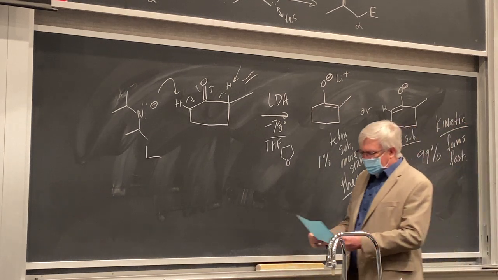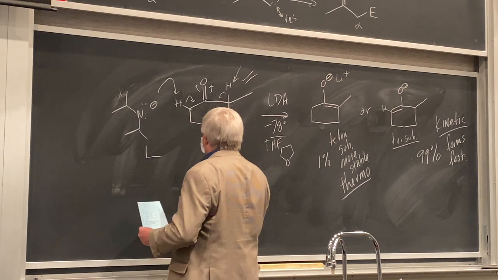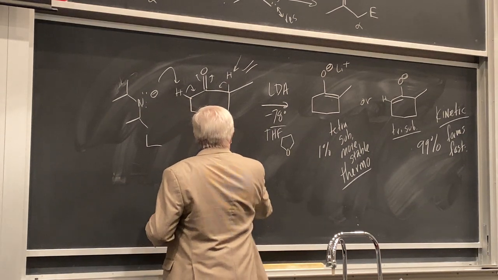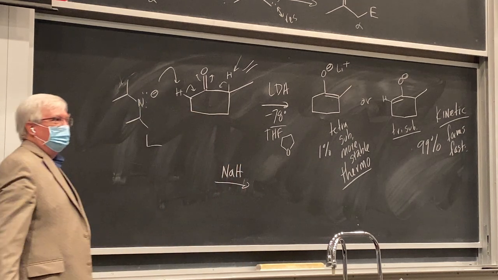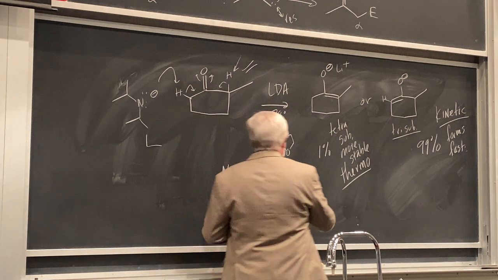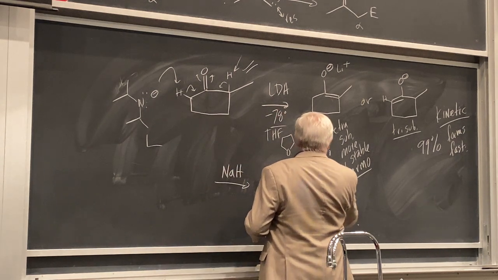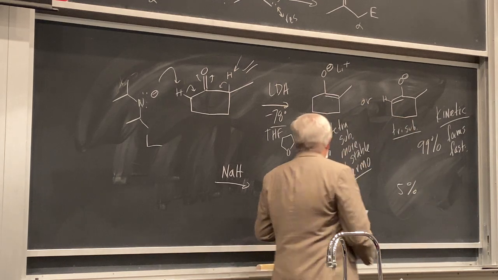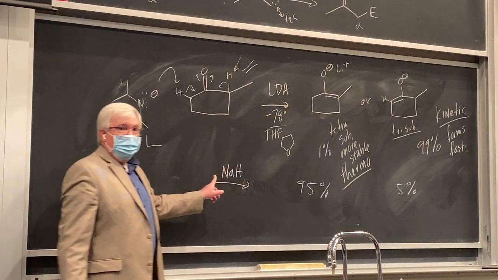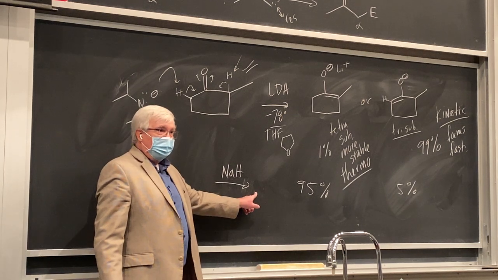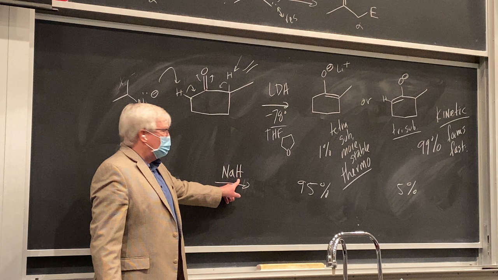Now, let's look at this enolate. Let's do the same thing here, but with sodium hydride, okay? Now, which one is going to be major? Well, it's 95% this one, and only 5% that one. Again, this is an irreversible base, okay? This completely forms the enolate. So the arrow as it's drawn here is true. But what about the size of this?